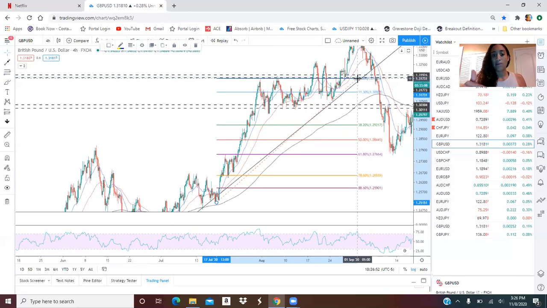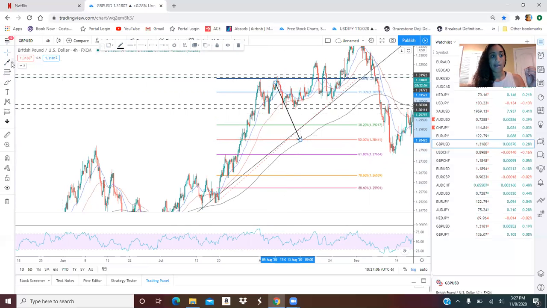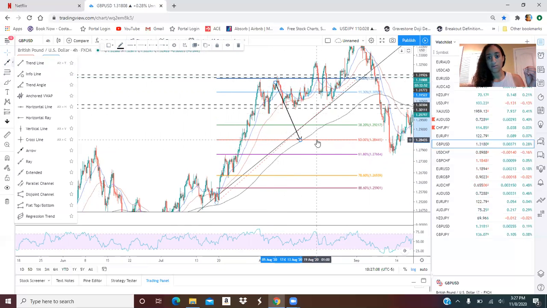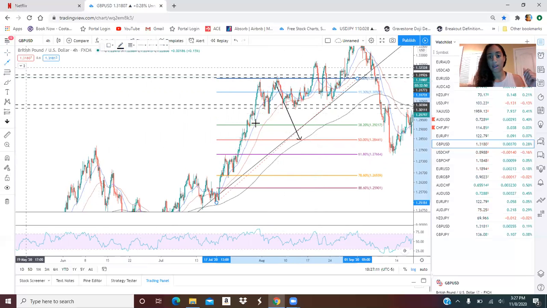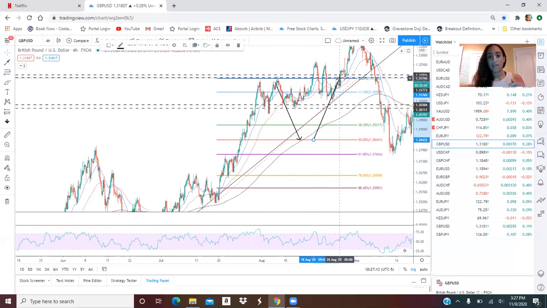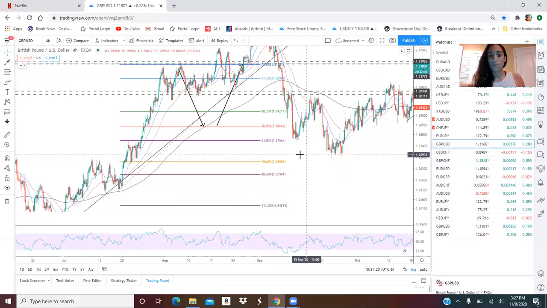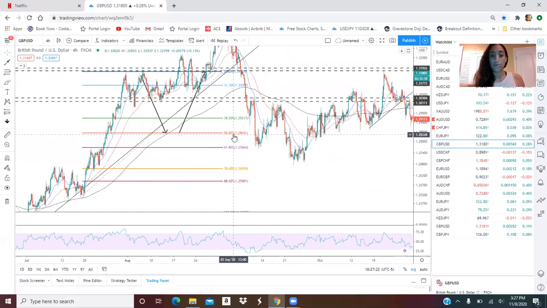So the fact that there were so many buyers pushing the market up, in order for me to get into any buy, I would have to have this market come back down to the 50%, and then I would buy. Because the market didn't even pull back to the 38%. So what does that tell you? You just want to be mindful of that. And it did pull back, it continued to go back up.